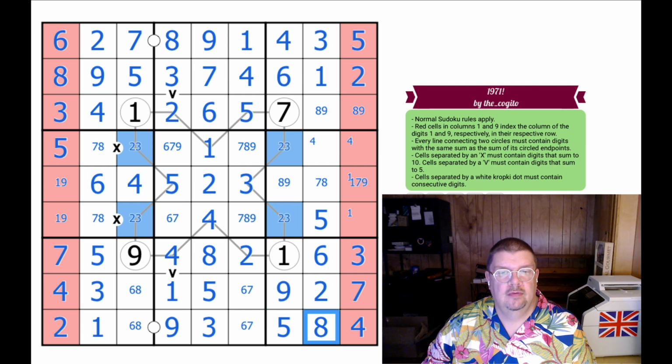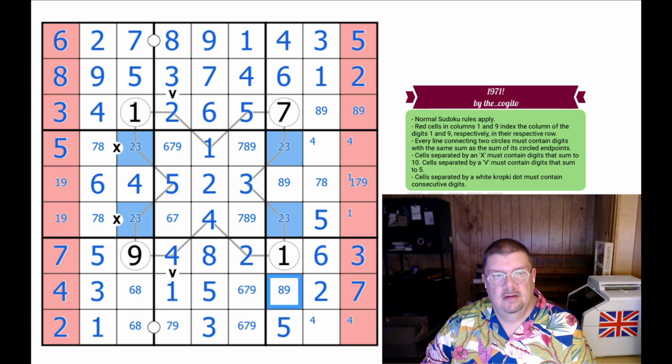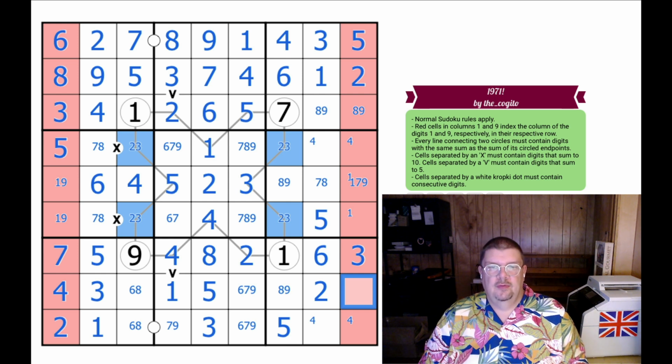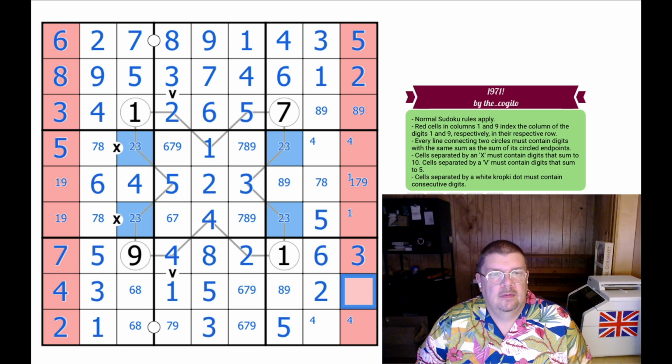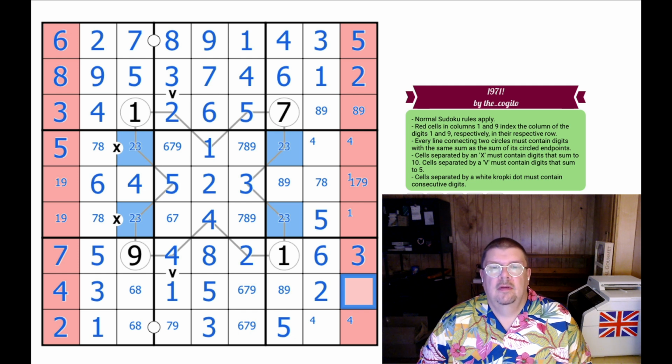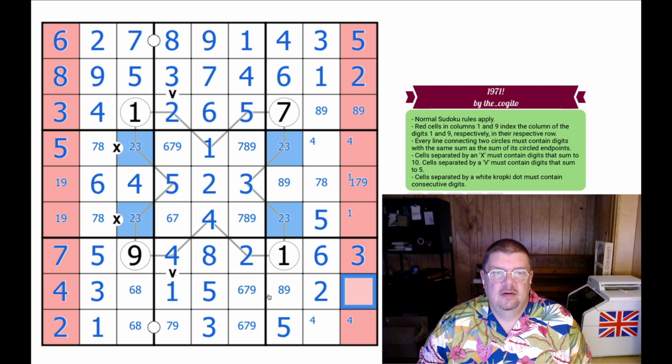And I've broken something because this has to be an 8 by the dot. So what did I break? What I didn't consider was that this could be a 9.